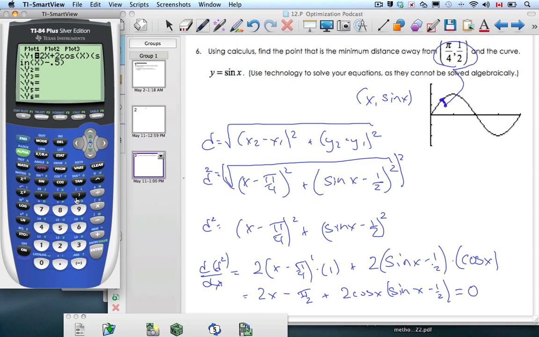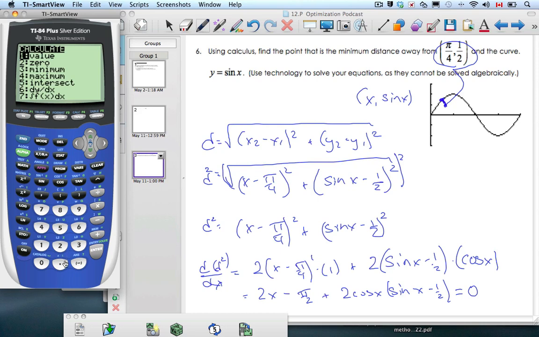Now that is my derivative. If I graph it, I get that. My window's going from 0 to 2 pi, and so this value here is going to be 0.